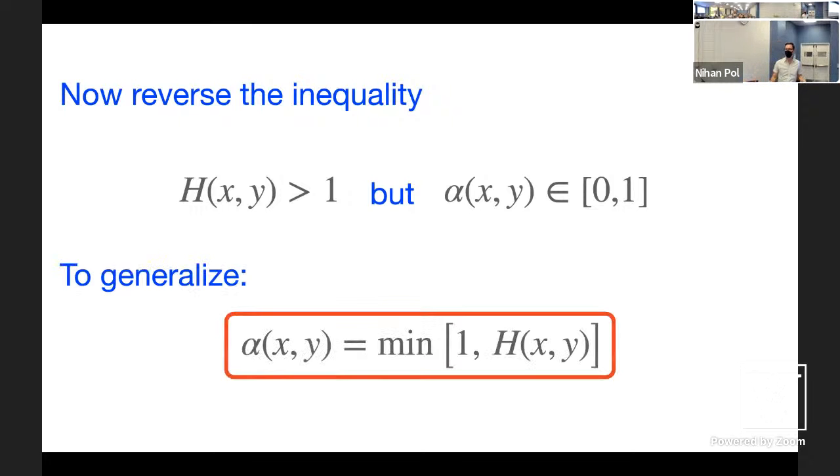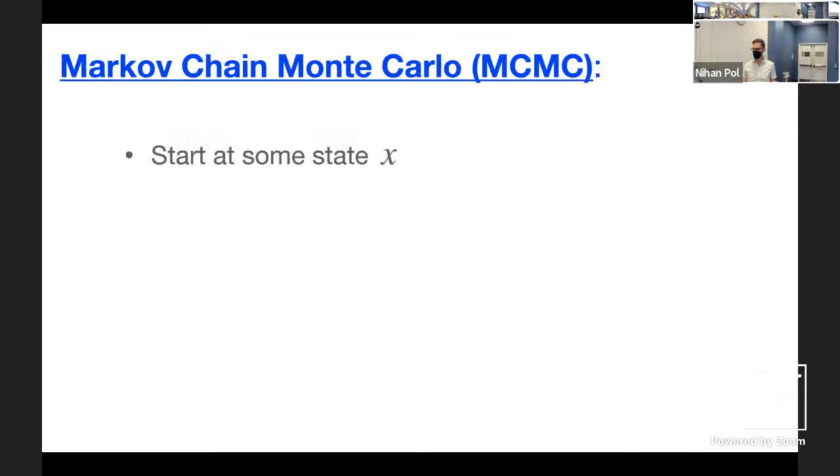And so now I'll generalize and say that this transition probability is the minimum of either 1 or the Hastings ratio. So the Hastings ratio can take on arbitrary values. If it takes on a value that's greater than 1, then my transition probability alpha is just 1.